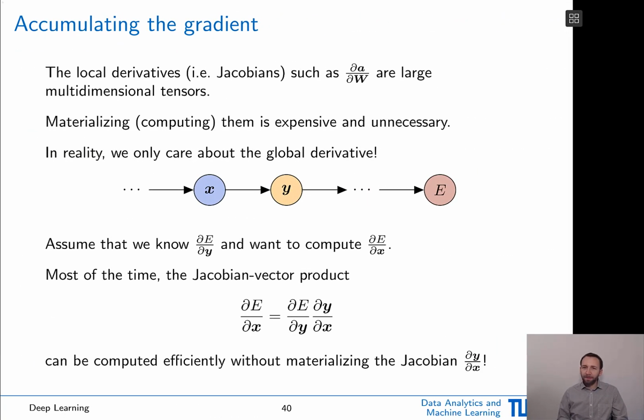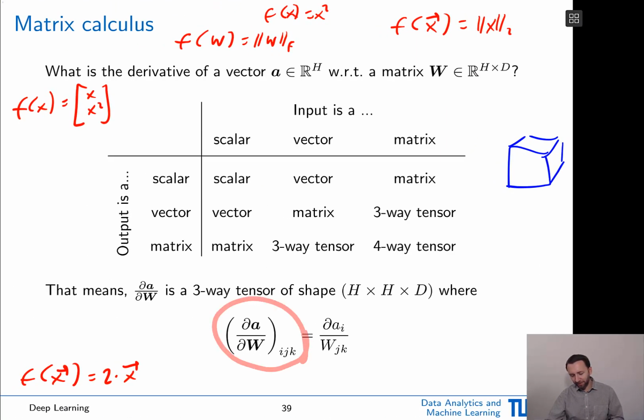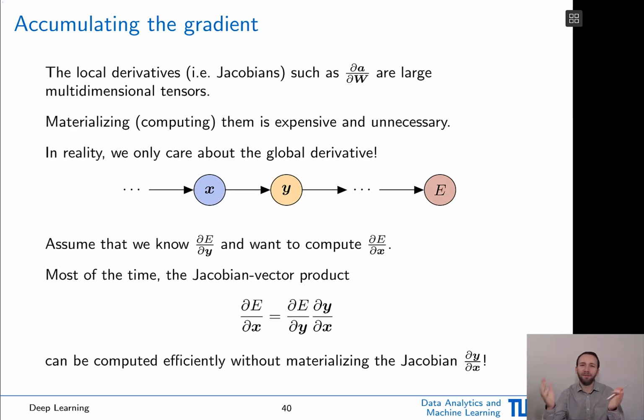So now back to backpropagation, to computing the gradient, because this was just a tiny detour into matrix calculus and all these Jacobians and so forth. As it turns out, at the end of the day, we don't really want to go this route. We don't want to materialize this 3-way tensor because, as you can imagine, it can become extremely large.